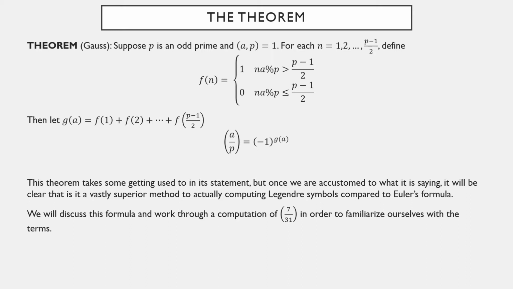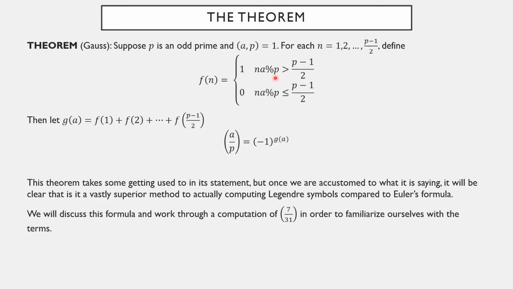We haven't actually proved Gauss's method works yet, but we're going to apply it to the Legendre symbol 7 over 31. So what we're going to have to do: (31 minus 1) over 2 is 30 over 2, which is 15. So as n goes from 1 to 15, we compute multiples of 7. So 7, 14, 21, 28, and so forth, all the way up to 7 times 15.